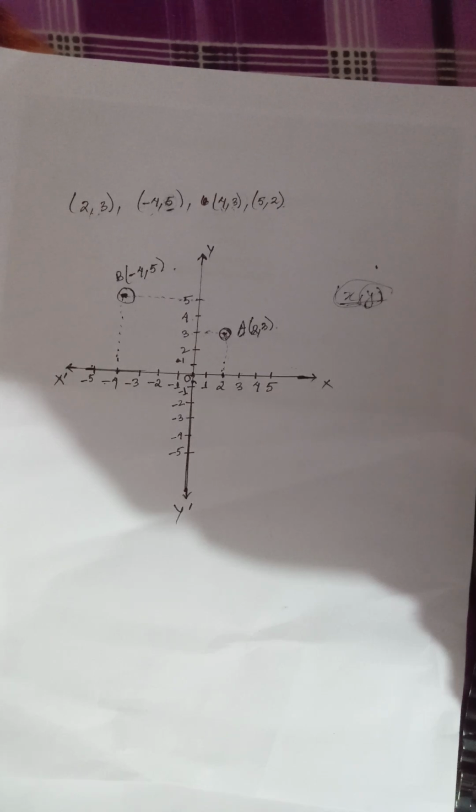To find positive numbers on the x-axis, we move from the origin to the right-hand side. And if you want positive numbers on the y-axis, you move from the origin upwards, and then it will give you positive numbers, right?